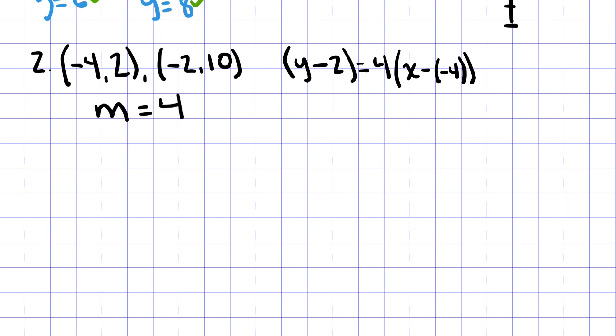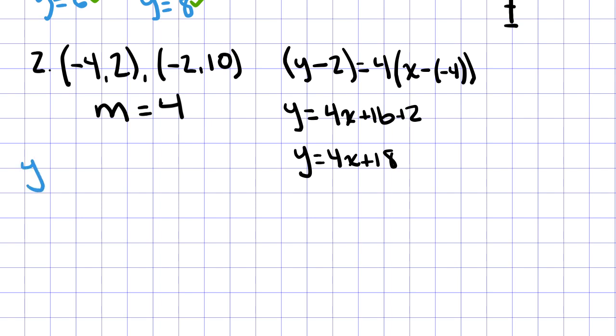Solving for this, and we'll skip a couple steps, we have y equals 4x minus minus 4 is plus 4 times 4 is plus 16. Plus 2. So y equals 4x plus 18. So let's check our work.